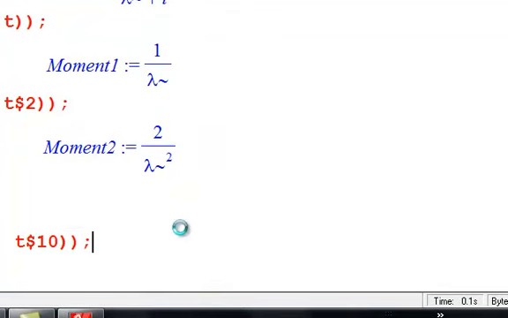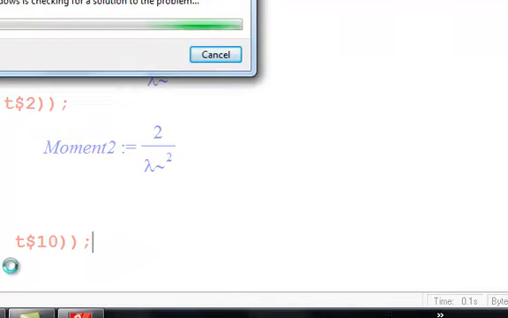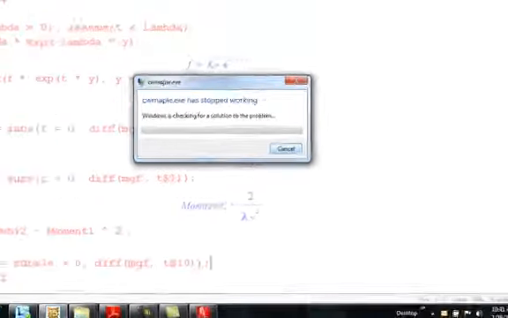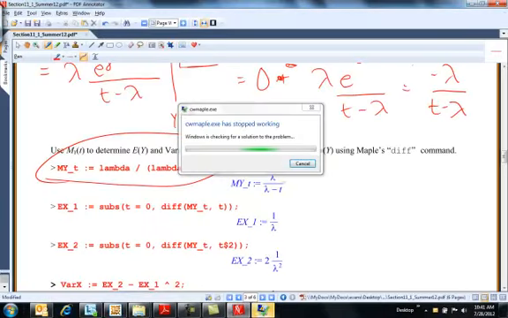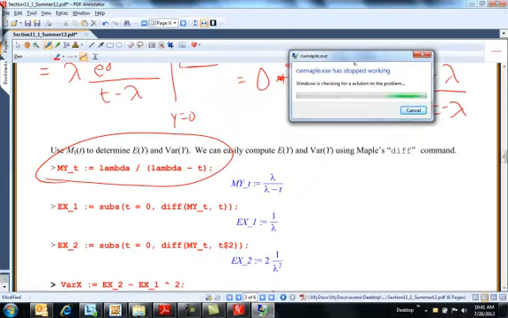So, I guess right here all I'm showing you is we could take the 10th moment. Looks like I'm going to crash that, so let's just cancel and go back. So all I did right here, let's move this out of the way, you can see I found the first moment. I'm just showing the Maple code for the second moment.